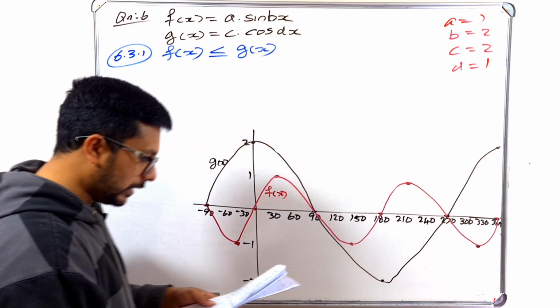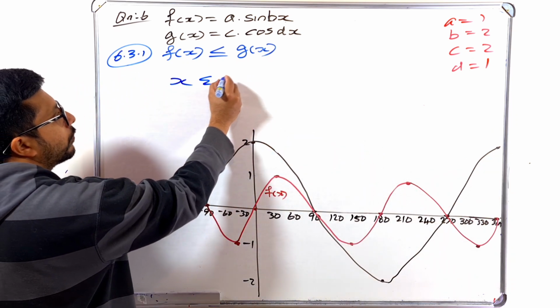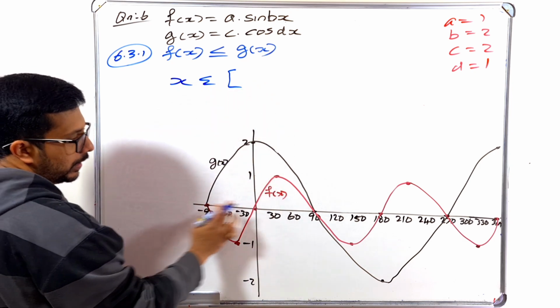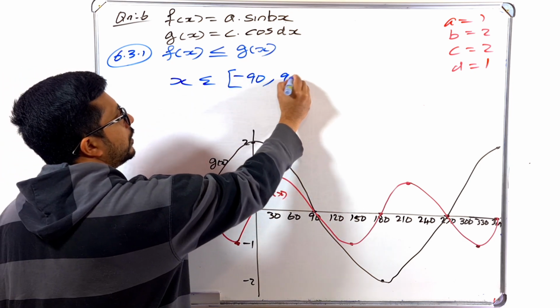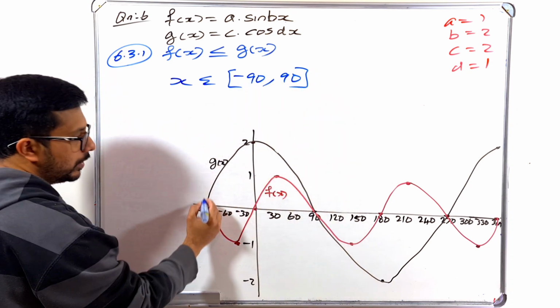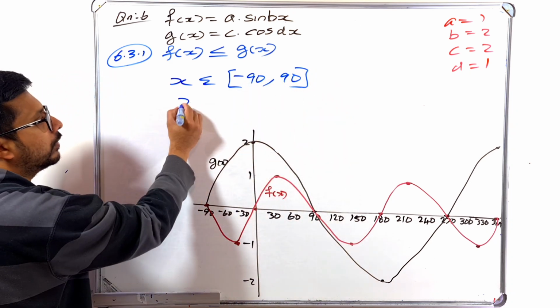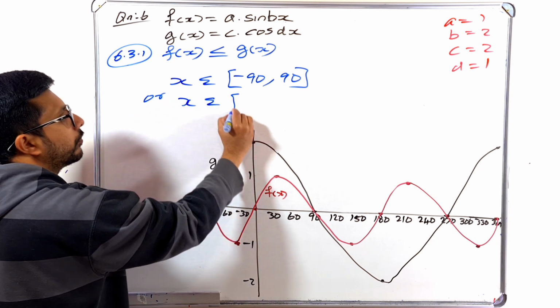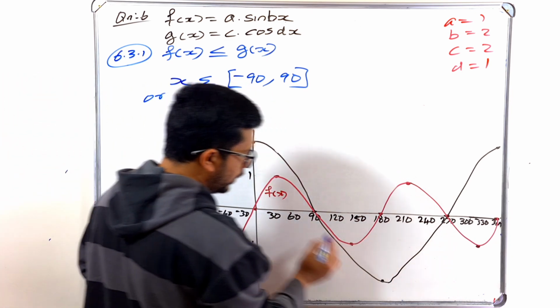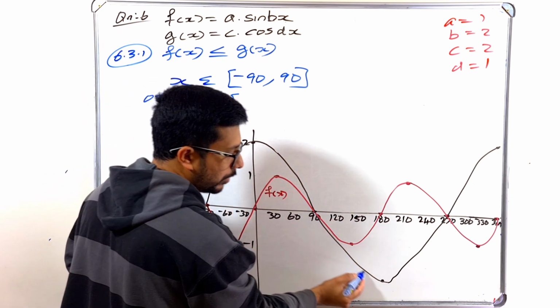So x is an element of minus 90 to positive 90, where you can see that g of x is on top. After this 90 you can't take anything, because g of x is at the bottom.